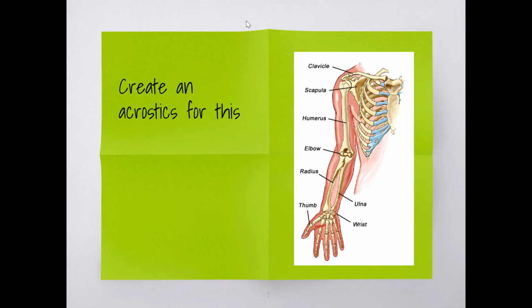So again, you're going to pause the video and go ahead and come up with an acrostic for the bones in the arm. Okay. And again, I would love to hear what you guys come up with for your acrostic.